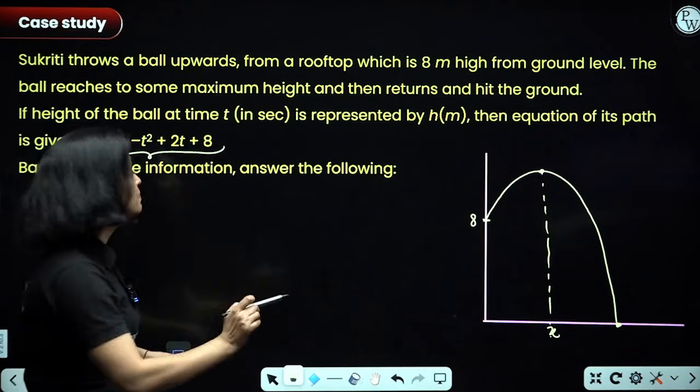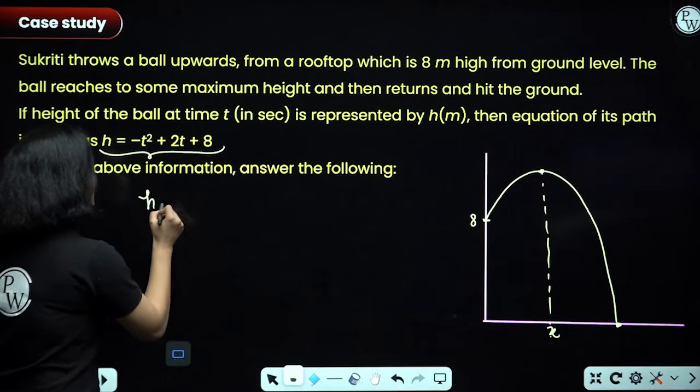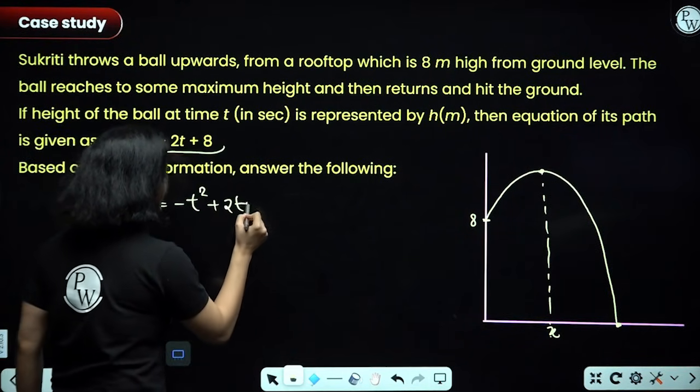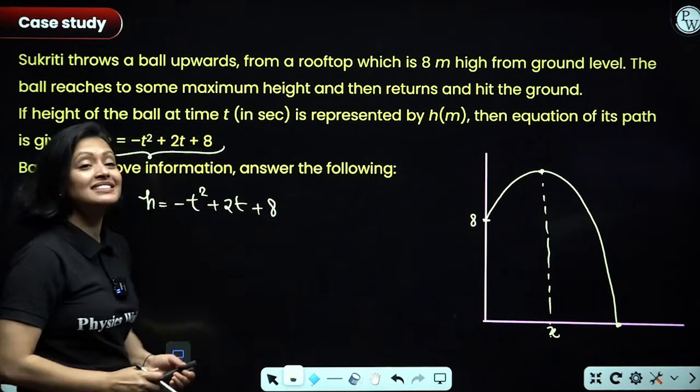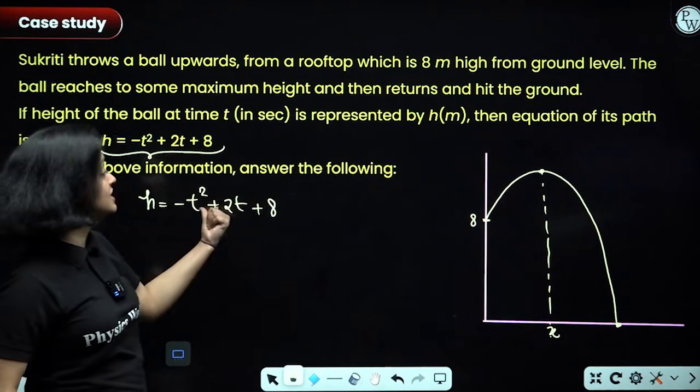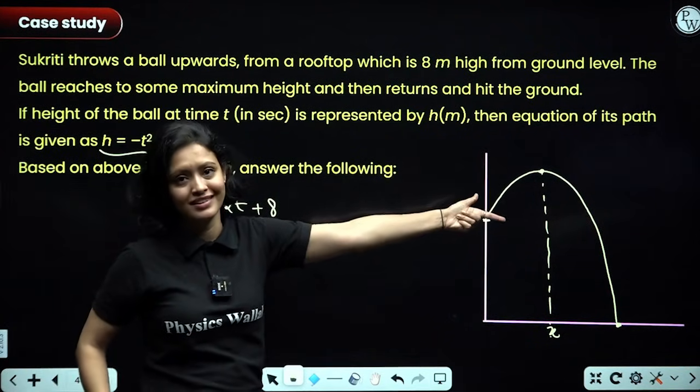That means h equals minus t square plus 2t plus 8 is representing the graph of the parabola here.